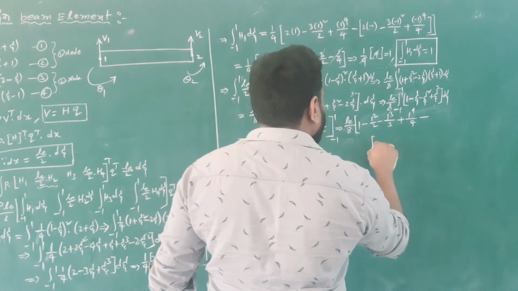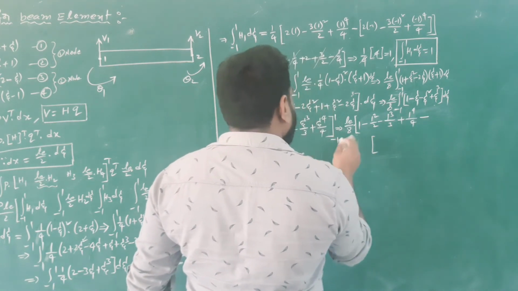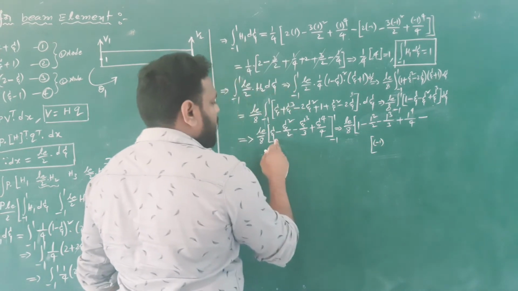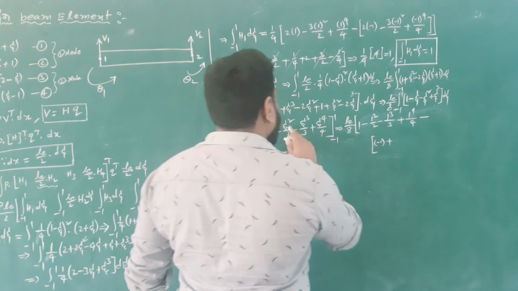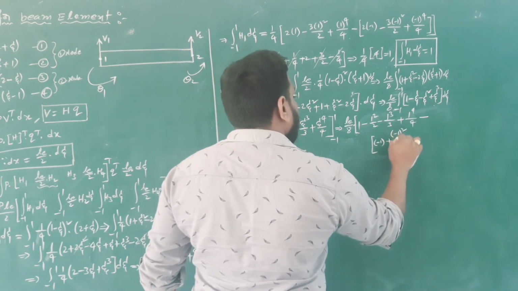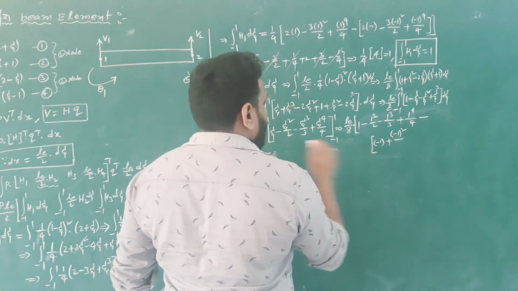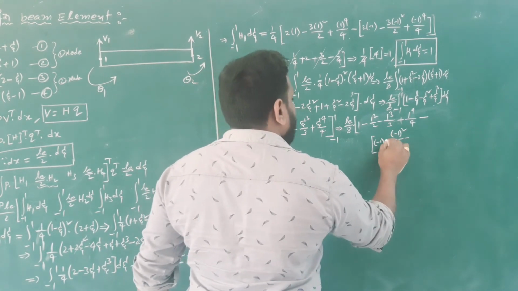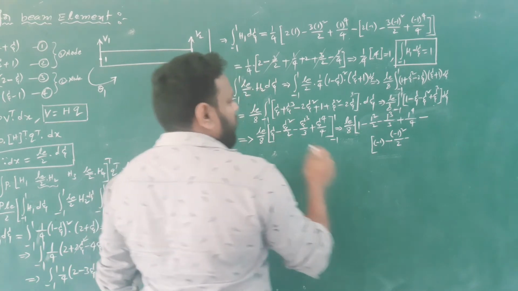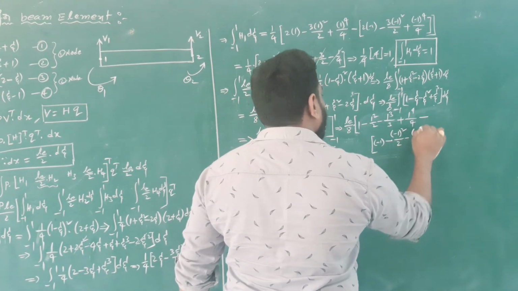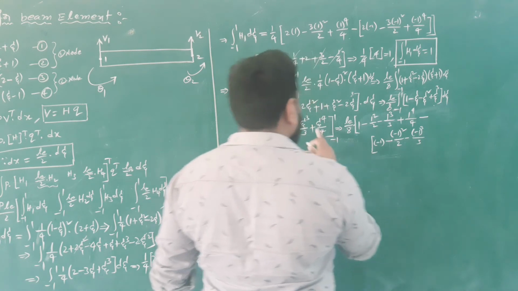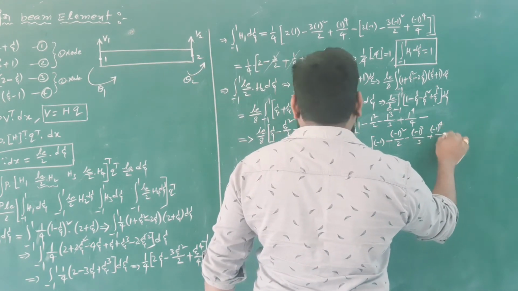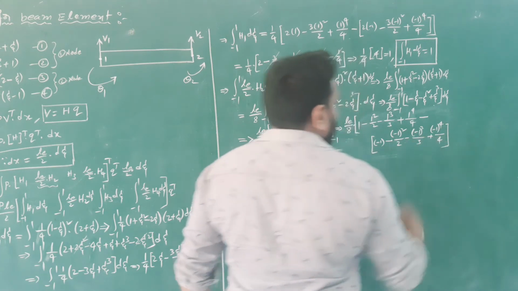Minus the lower limit: apply the lower limit, that is minus 1. Here minus 1 is substituted, and plus minus 1 square by 2, here minus, minus 1 cube by 3, plus minus 1 power 4 by 4. So finally we got it.